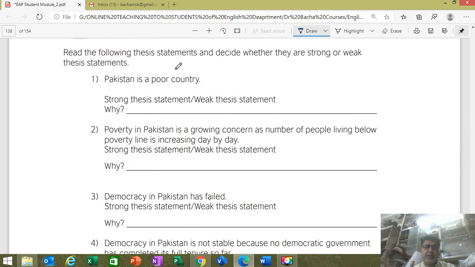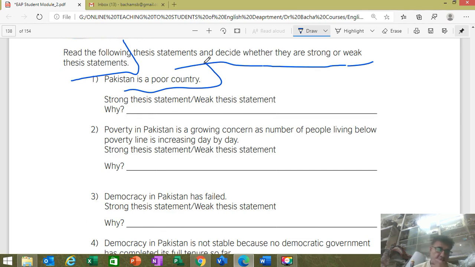Read the following thesis statements and decide whether they are strong or weak thesis statements. Like, Pakistan is a poor country. So, strong thesis or weak thesis statement? Why? Then you have to justify why this is. When the question of why comes, it becomes a kind of reason. Poverty in Pakistan is a growing concern, as the number of people living below the poverty line is increasing day by day.